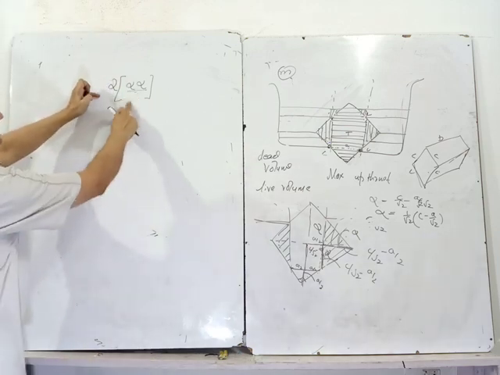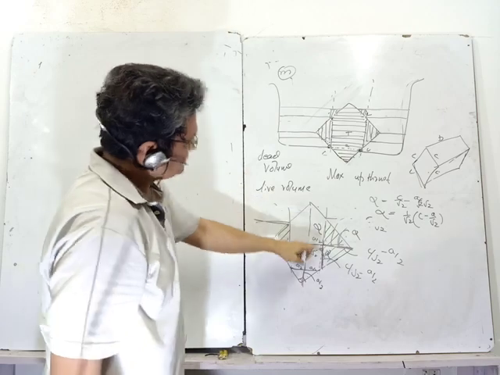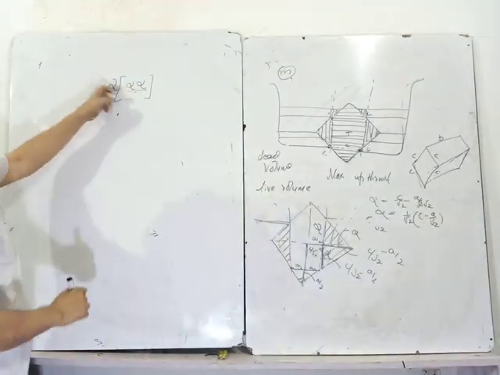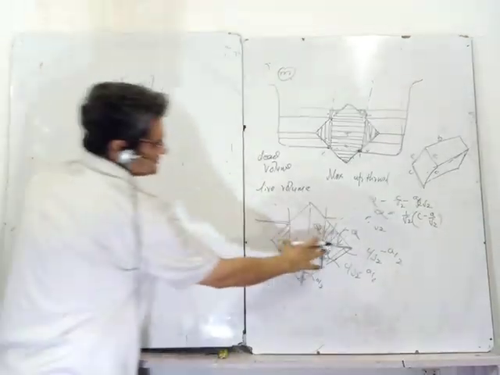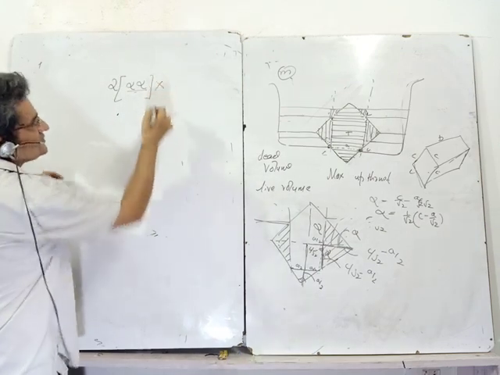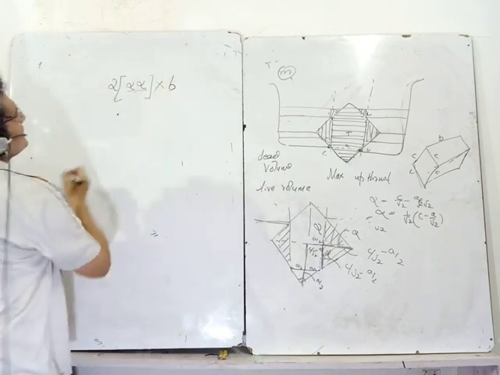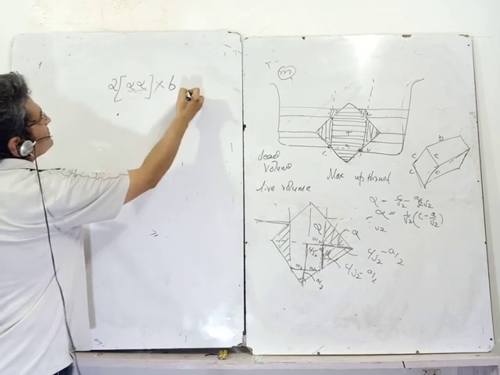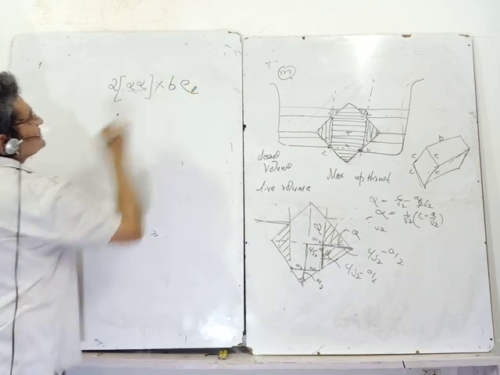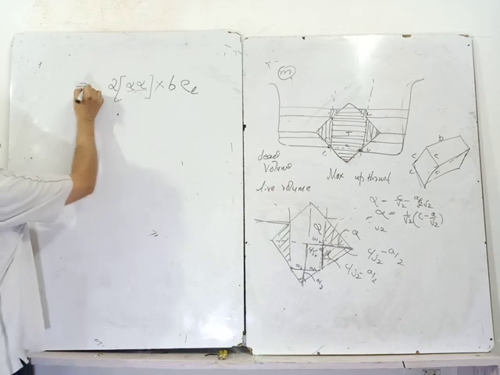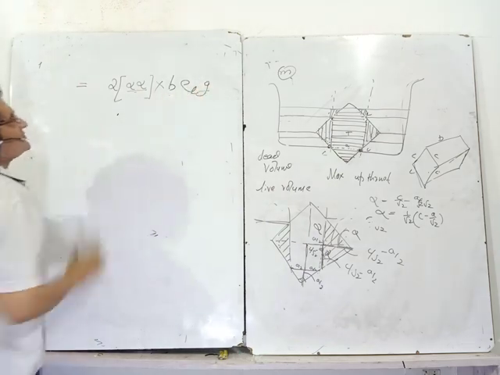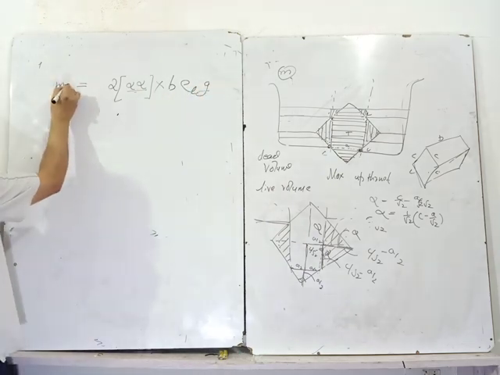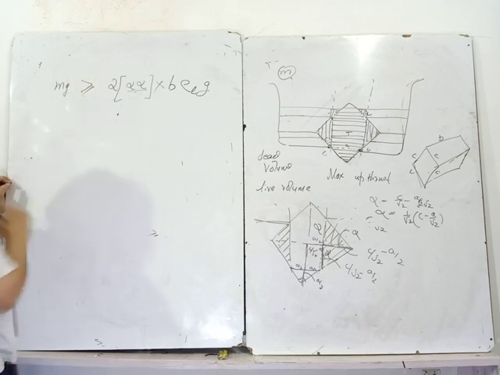So this 2 goes, because it is twice alpha by 2. I have taken twice because these are two sides, into the depth, which is b. This volume multiplied by the density of liquid gives me the mass, and when I multiply it by g it gives me the force, and mg should be greater than this.